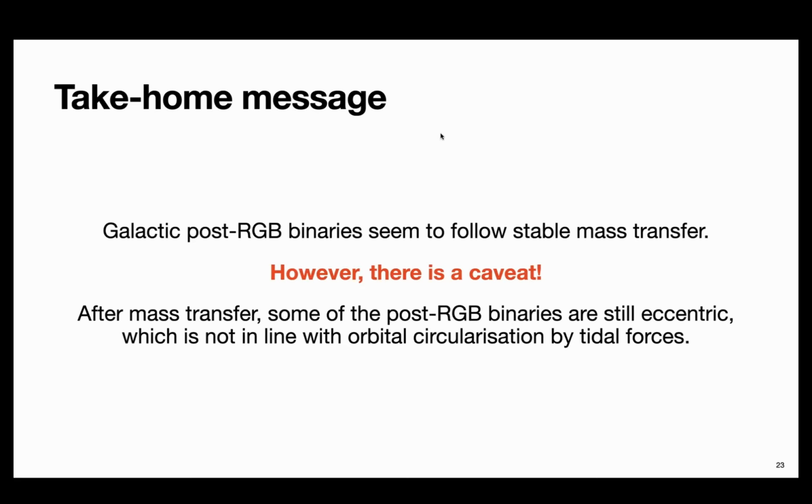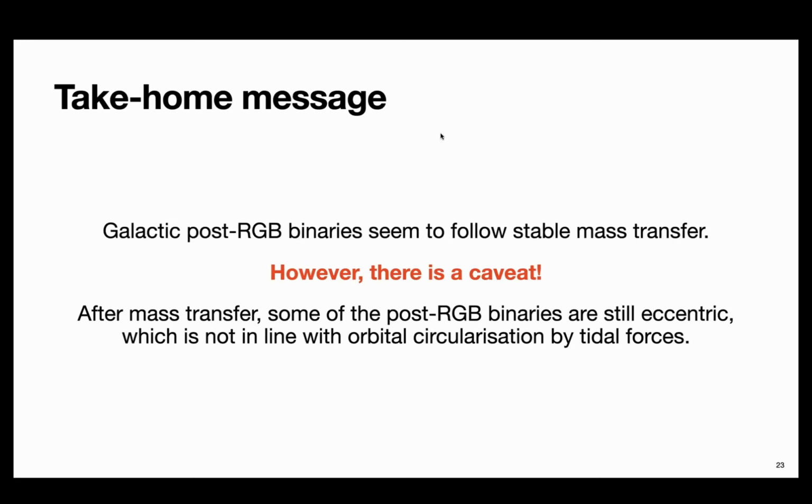Yes. So I personally find that there's a lot of discussion recently about the common envelope nature of these objects. Actually, if you, for example, also look at ELCVN binaries, which seem to be the really low mass comparison to these post-RGB stars, they also seem to follow a stable mass transfer.